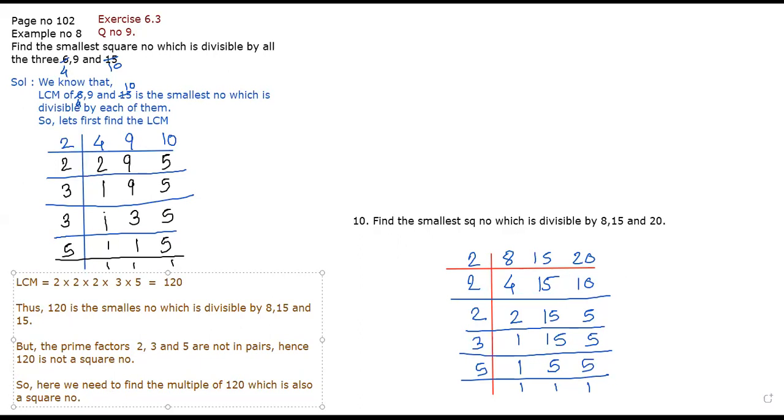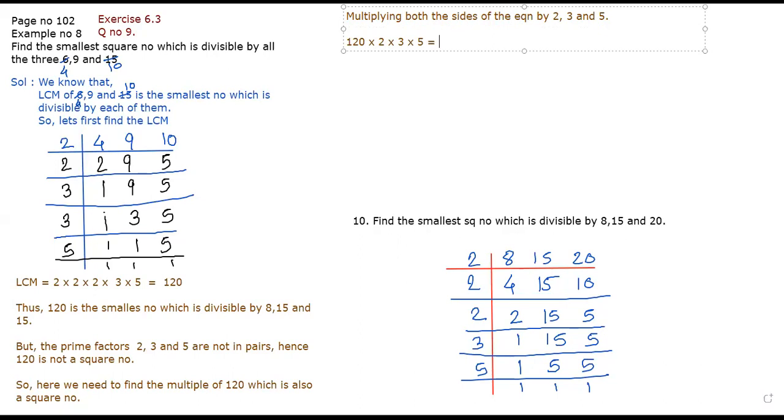So multiplying both sides of the equation by 2, 3 and 5: 120 into 2 into 3 into 5 is equal to 2 into 2 into 2 into 2 into 3 into 3 into 5 into 5.